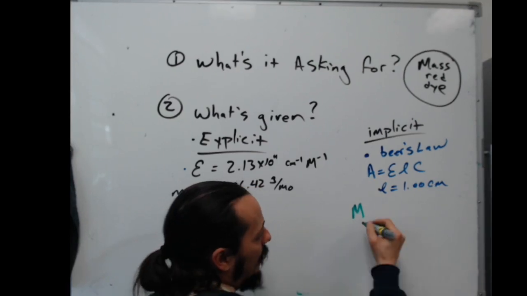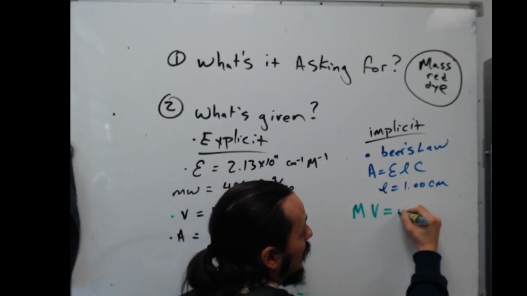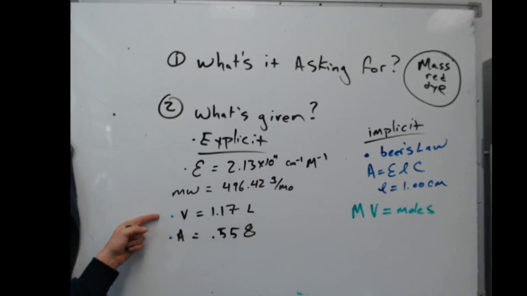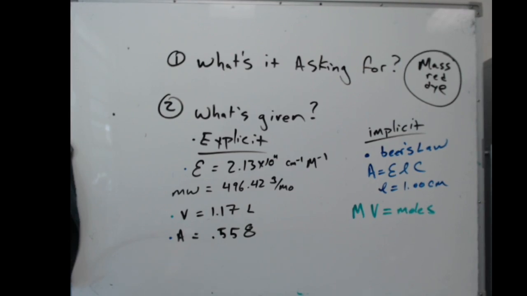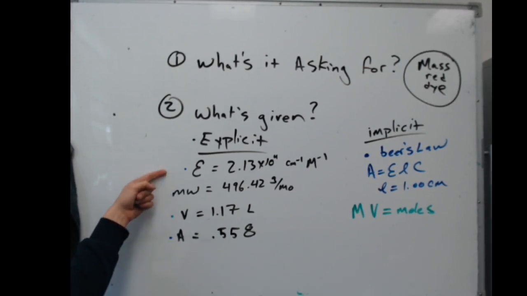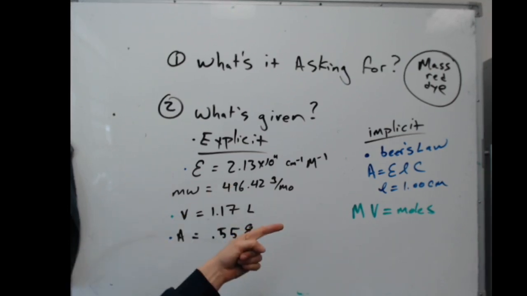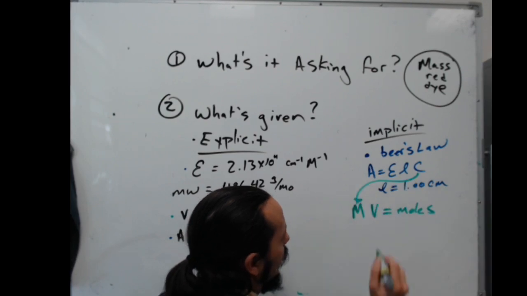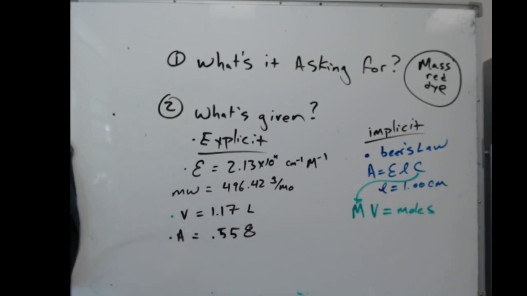We don't even need that much. We can just do molarity times volume equals moles. Right? Using this volume, we can say, look, molarity times volume equals a number of moles. So that's going to give us, from this absorption with that molar absorptivity, we can get a concentration. That concentration is going to be our molarity times the volume is going to give us moles.